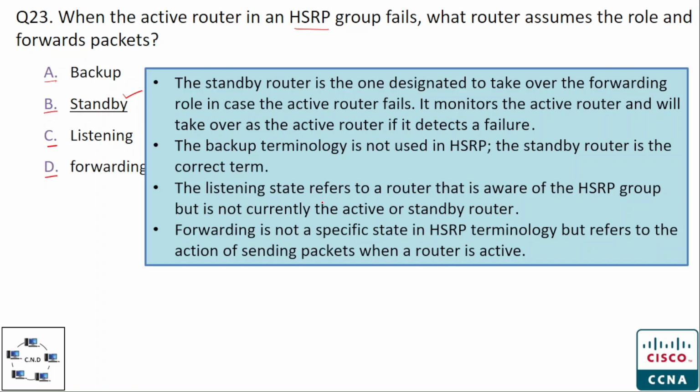The listening state refers to a router that is aware of the HSRP group but is not currently the active or standby router. Forwarding is not a specific state in HSRP terminology but refers to the action of sending packets when a router is active.